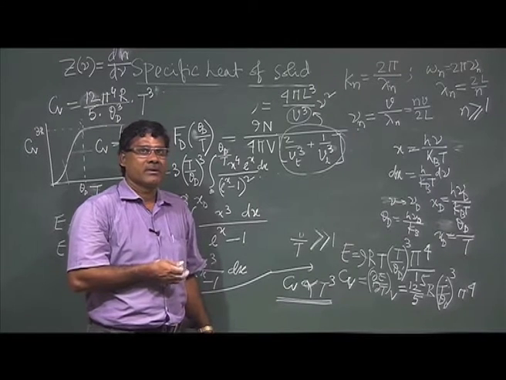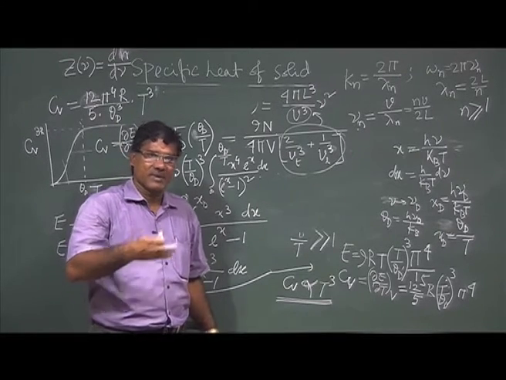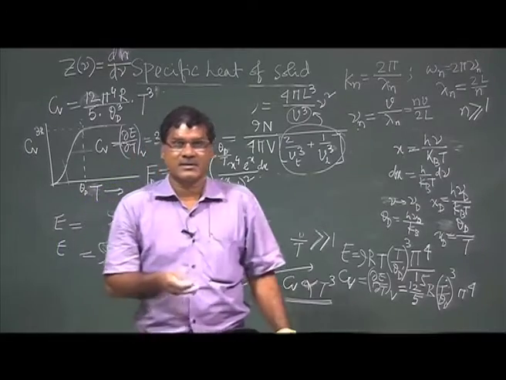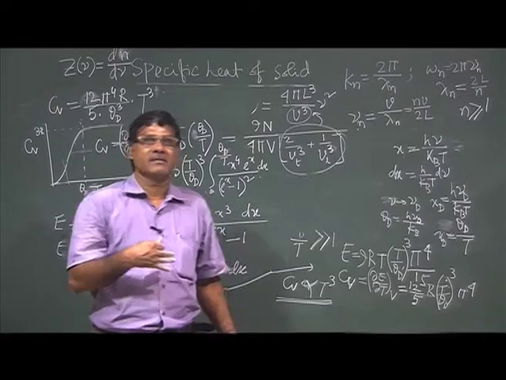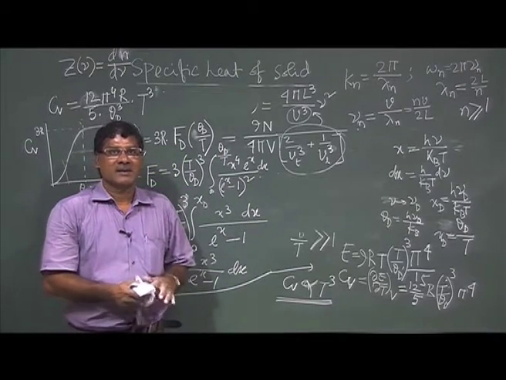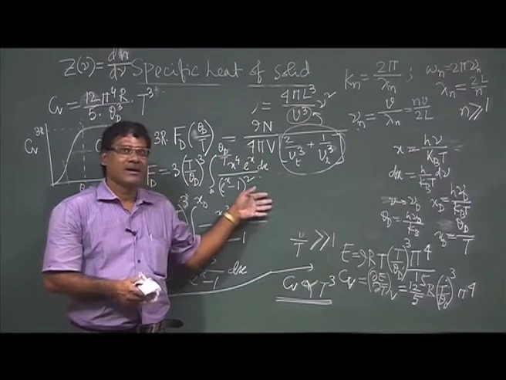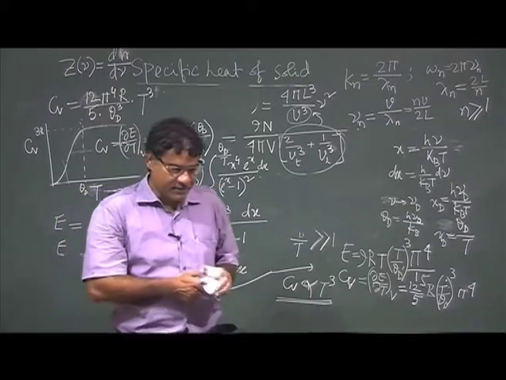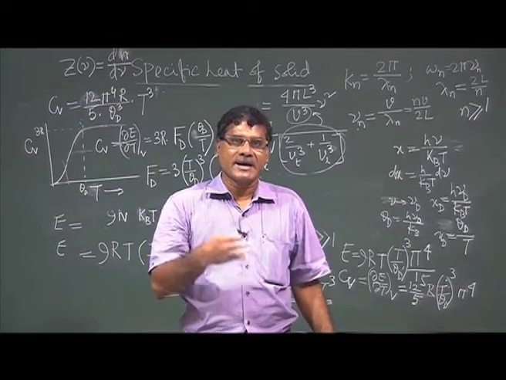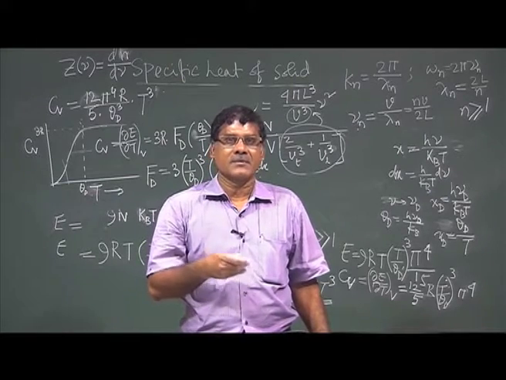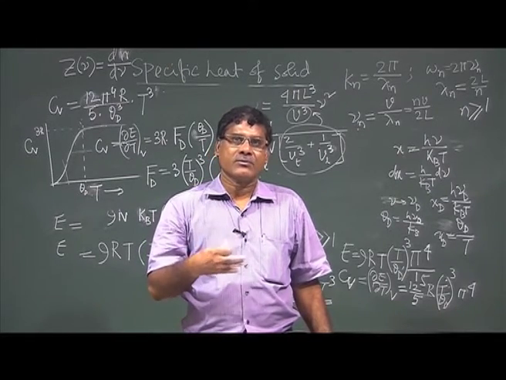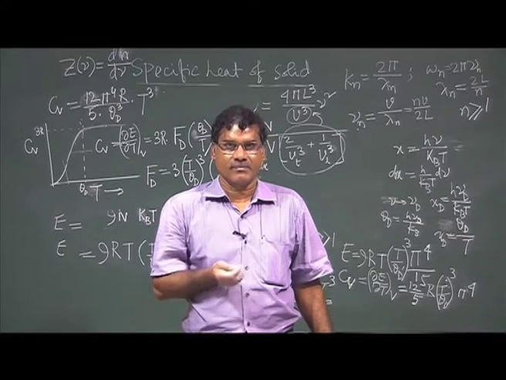So the development of this theory, starting from Dulong-Petit to Einstein theory, then Debye theory, you see the difference is taking a realistic model, okay, taking a realistic model and including the quantum phenomena.